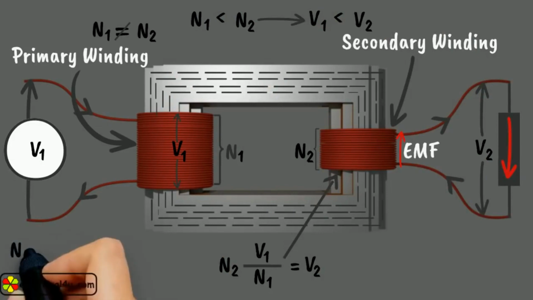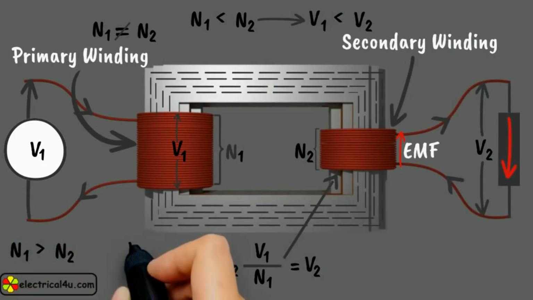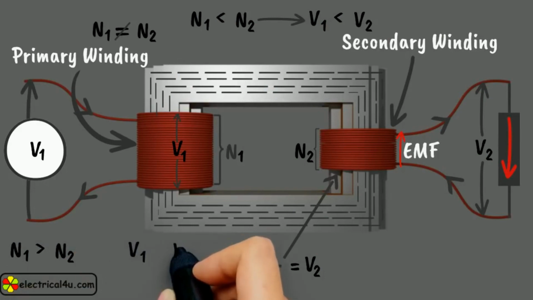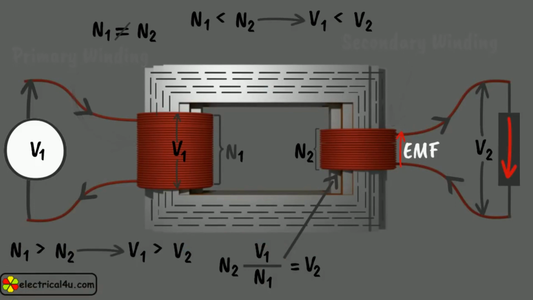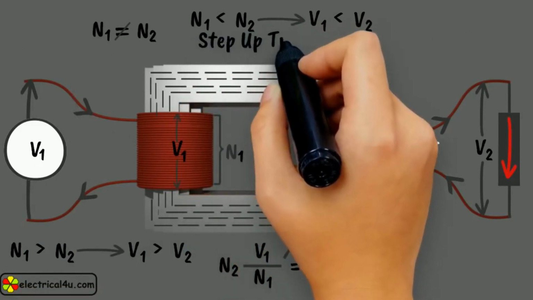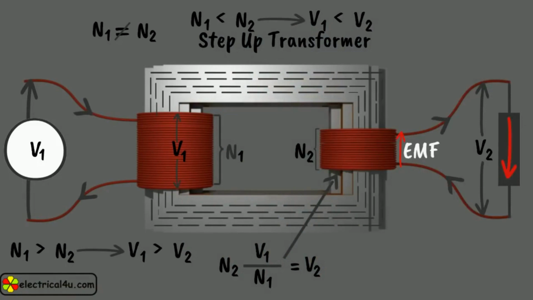On the other hand, if N2 is less than N1, the secondary voltage is less than the primary voltage. The former is called a step-up transformer, and the latter is called a step-down transformer. This is the most basic theory of a transformer.